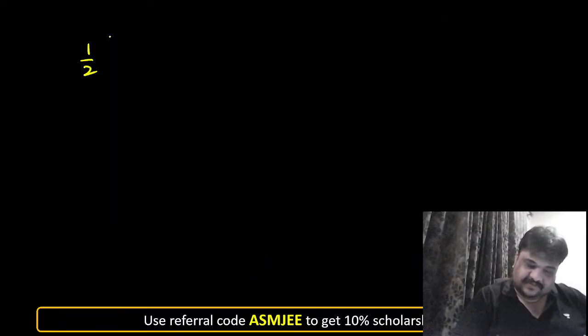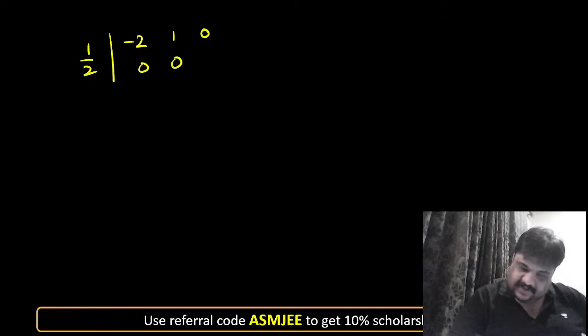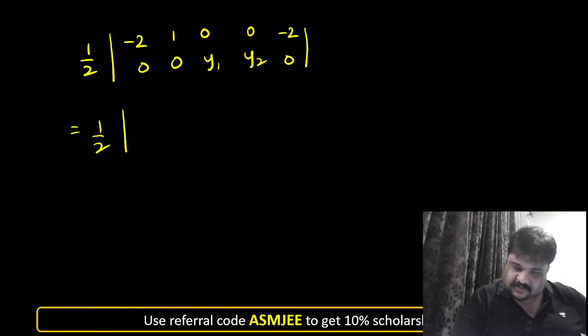So half, with the points (-2, 0), (1, 0), (0, y1), (0, y2), (-2, 0). So let's see what the area is coming to. Half, then 0, y1, then plus 2y2. Interesting.